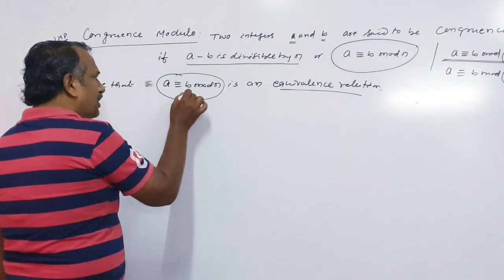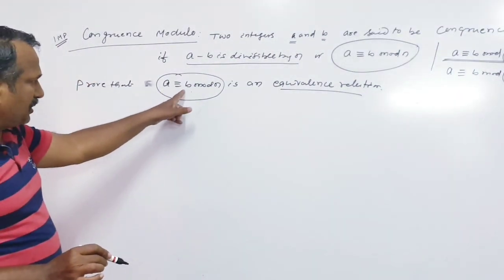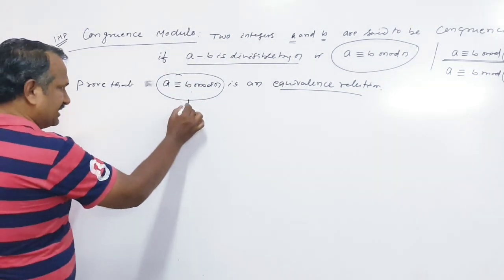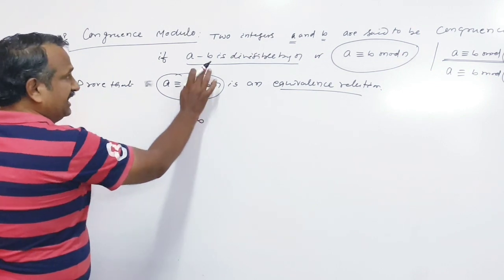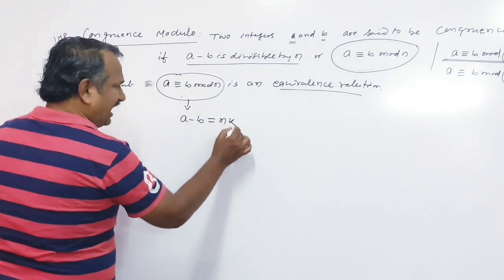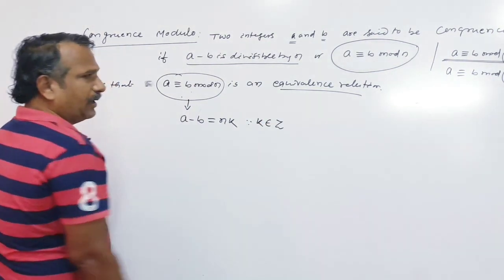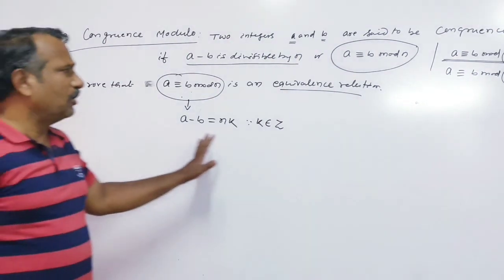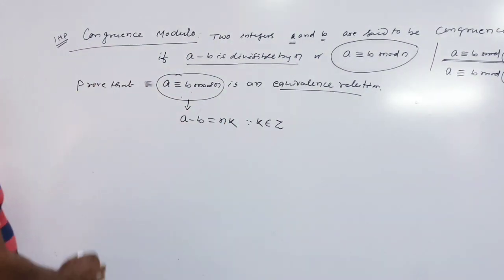What is the meaning of this one? This is the definition of congruence modulo. a is congruent to b mod n means that, this is given, this part equal to a minus b is divisible by n. That means let us say n into k, k belongs to integers. Okay. Now we have to show that it is an equivalence. First we have to show that reflexive.